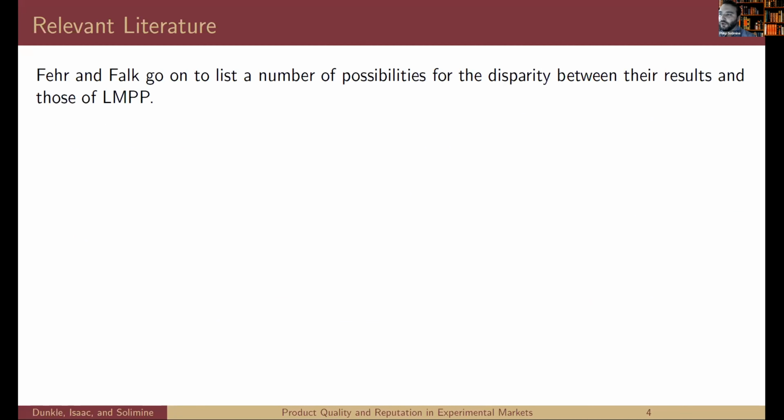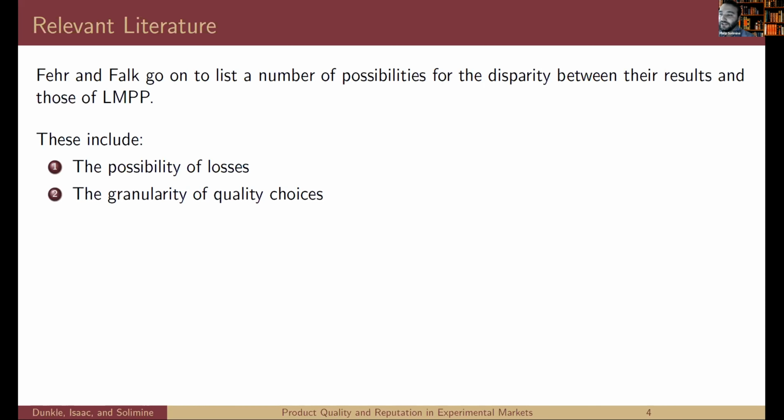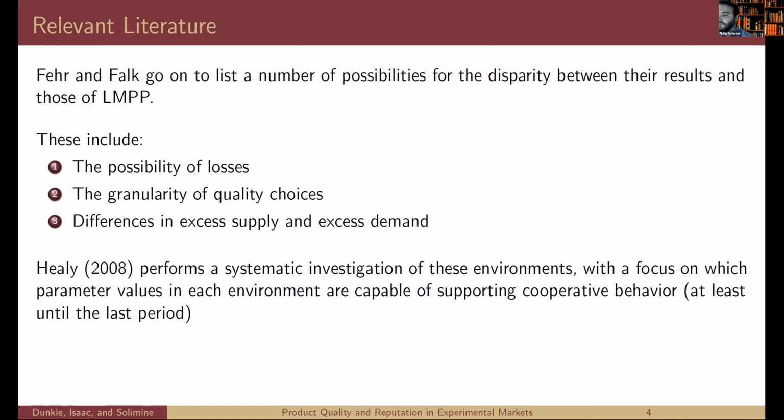So Fehr and Falk go on to list a number of possibilities in their 2008 paper for the disparity between their own results and those of Lynch-Miller-Plott and Porter. These include the possibility for buyers to retain losses, the granularity of quality choices by the sellers, and differences between excess supply and excess demand. So in Lynch-Miller-Plott and Porter, we have excess demand, and in Fehr and Falk, we have excess supply.